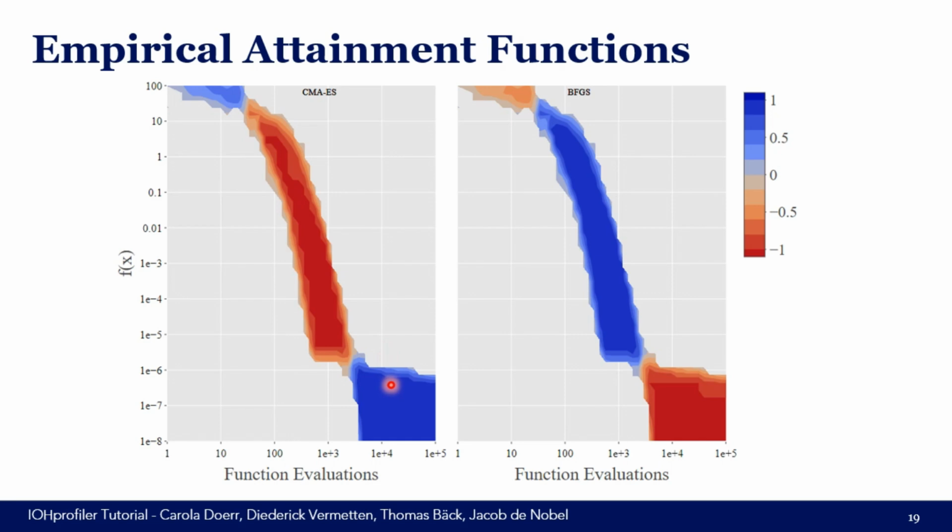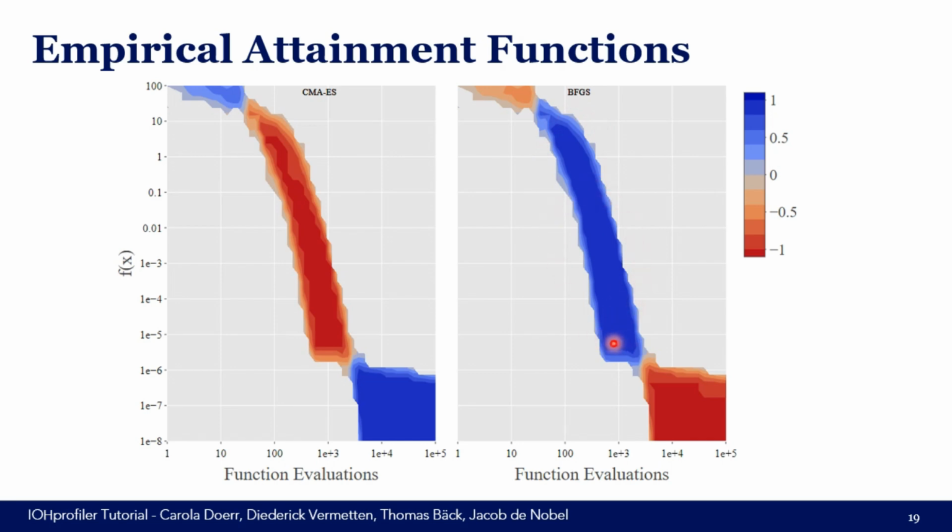So we can see that in the very beginning and in the very end, the CMAES is performing a lot better, but in this region here, in the medium budgets, the BFGS is outperforming it.